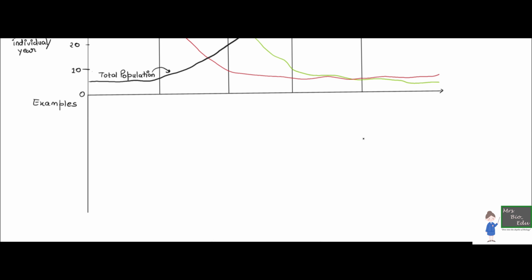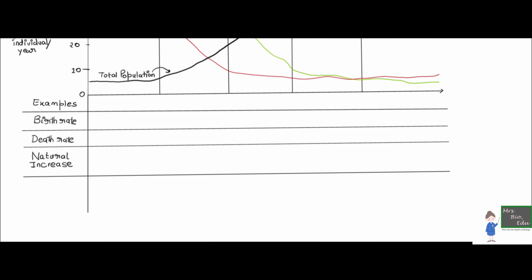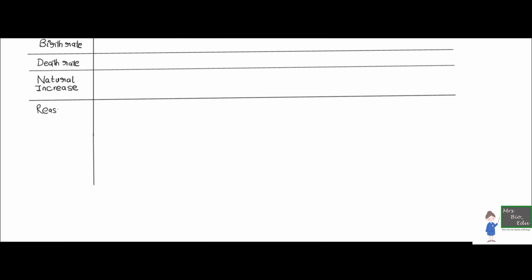For every stage, I'm going to cite some examples of existing countries, and we are going to look at their birth rate and death rate and compare them in the graph. Then we will understand what they can change, or what is the reason that they belong to that particular category at this point of their growth, and also the reasons why some of them are so developed and why the others are not as developed as they should be.